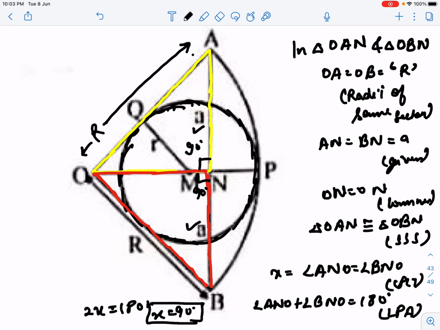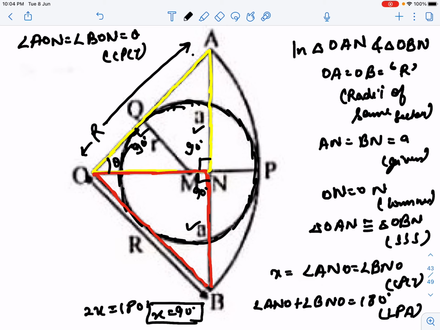Now tangent is always perpendicular to radius, so this will be 90 degrees over here. Guys, when the red triangle and yellow triangle became congruent, I can even write angle AON is equal to angle BON. Let both of them be equal to theta over here by corresponding parts of congruent triangles.